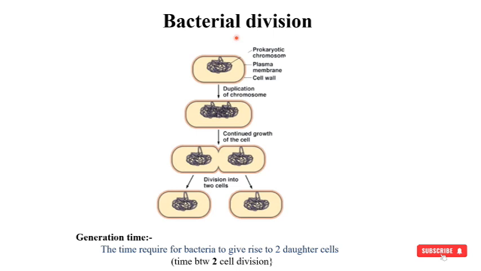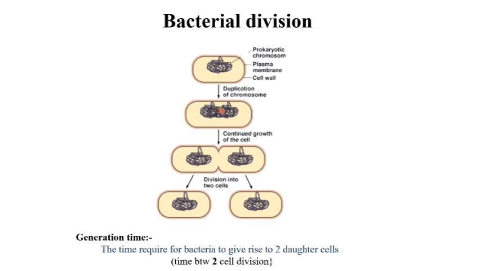Then this is the mother cell. This mother cell will attain its maximum size. That means the bacteria will reach its critical mass. And after that, the next step we can see is the duplication of the chromosome, or the duplication of the genetic material, that is the circular double-stranded DNA.